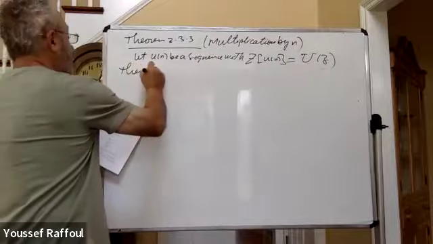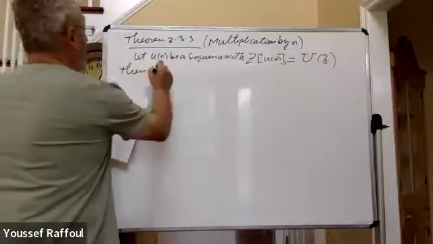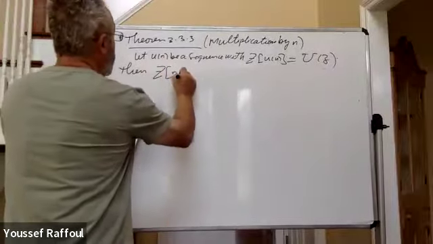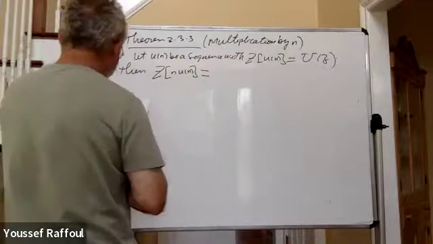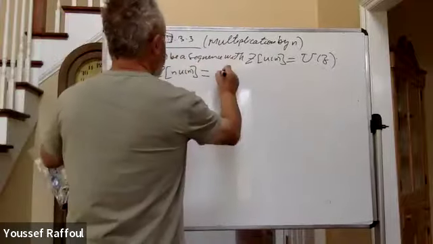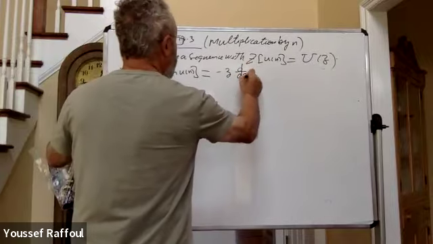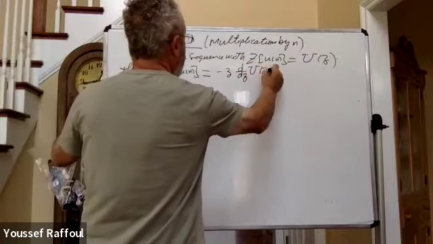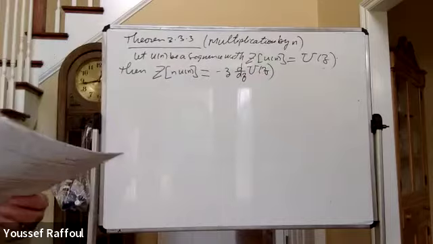Then Z of n u_n is equal to minus z d/dz of U(z). Okay?